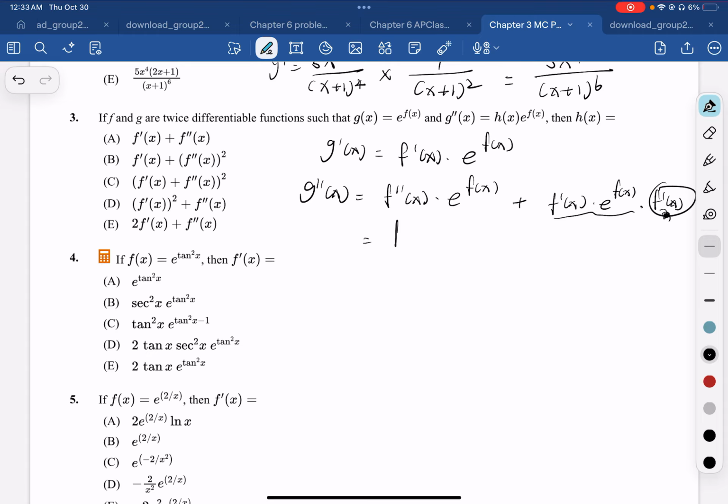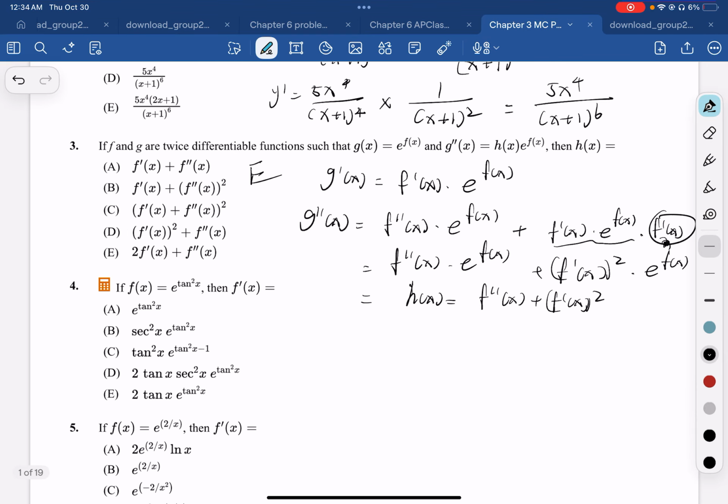So we got f double prime of x times e raised to power of f of x plus f prime of x squared times e raised to power of f of x, and we factor it. What we got, h of x should equal f double prime of x plus f prime of x squared. So for this one, we choose E.